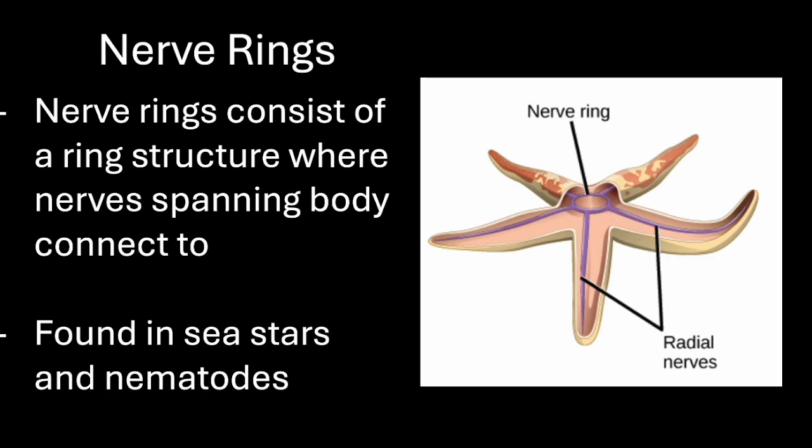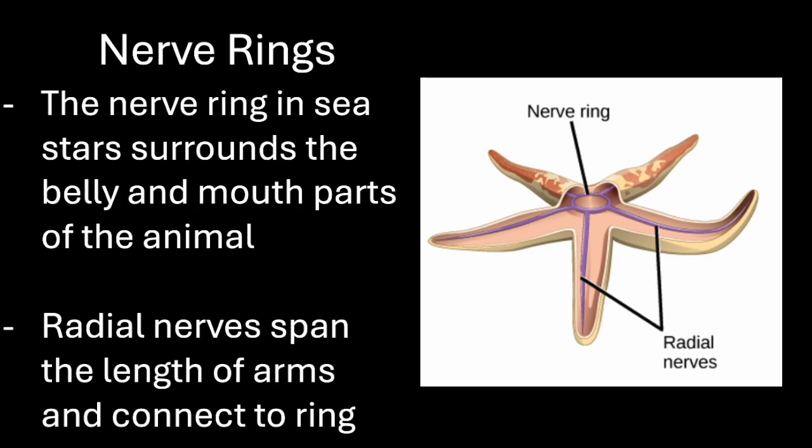So here we have our nerve ring, and this is pretty much connecting the entire body plan of our organism. In this case, just looking at the sea star, the ring surrounds both the belly and mouth parts of the animal, and the radial nerves span the lengths of the arms.